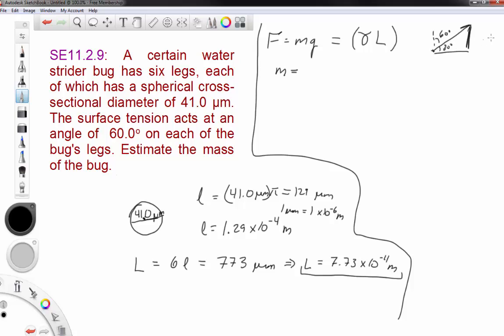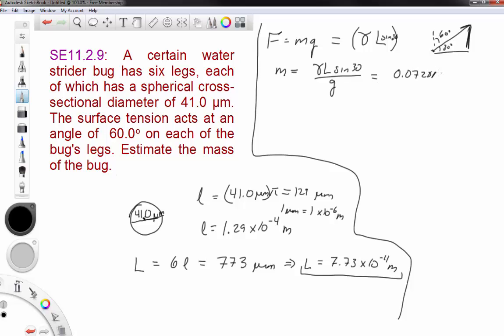So this would be 30 degrees. Vertical component goes with sine of the angle. So we're basically going to go times sine of 30. So the mass should be gamma times L times the sine of 30 divided by the free fall acceleration.